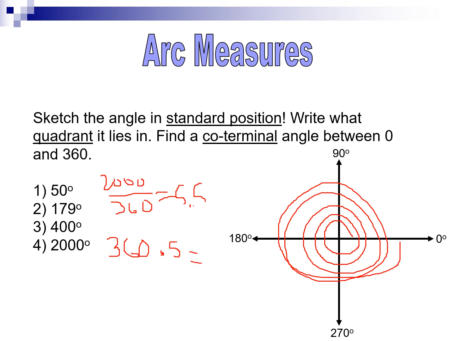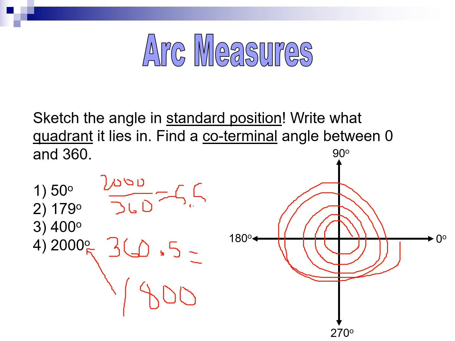And that gives us 1,800 degrees. And then you just have to figure out how much more to get to the 2,000. And that's pretty easy to do. 2,000 minus 1,800 is just 200 degrees.